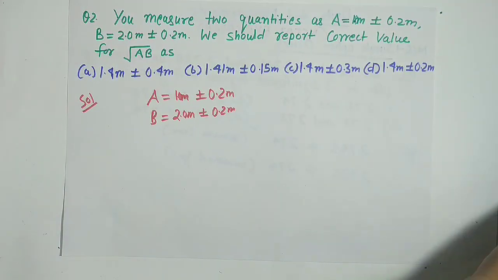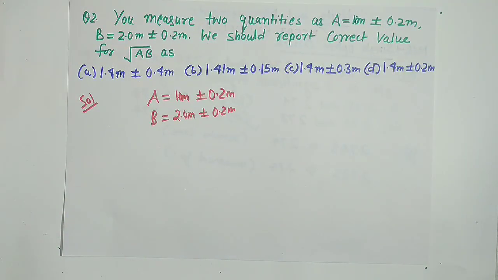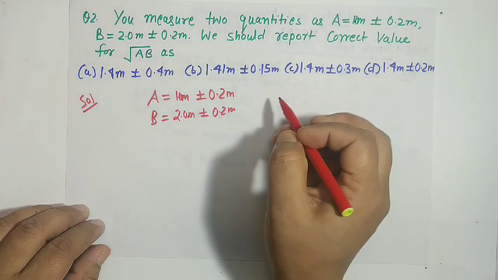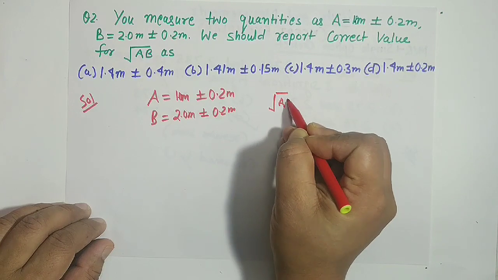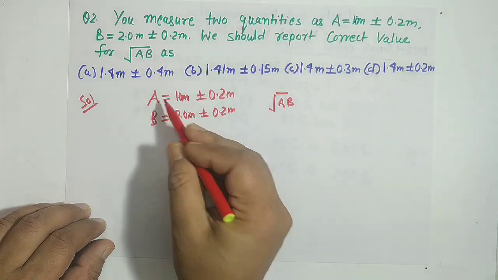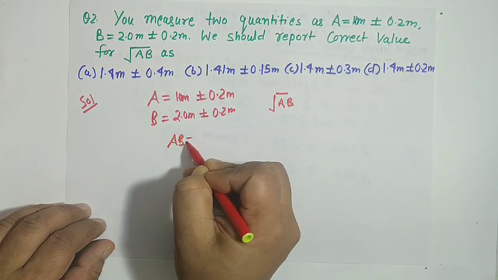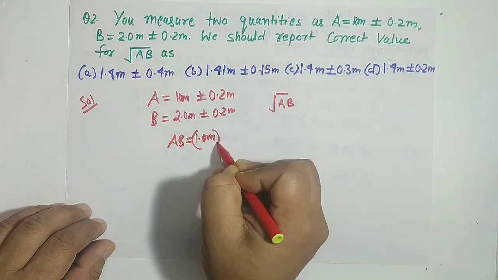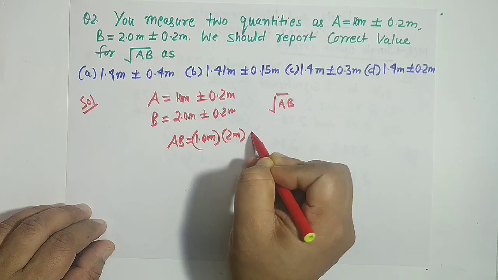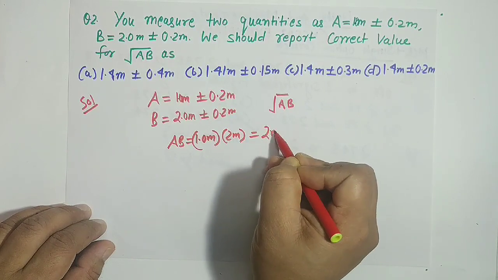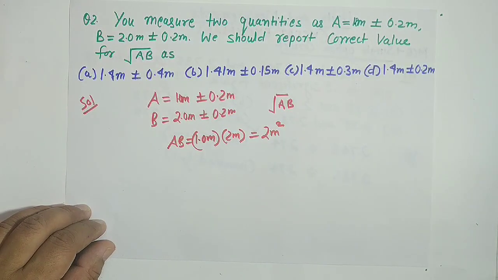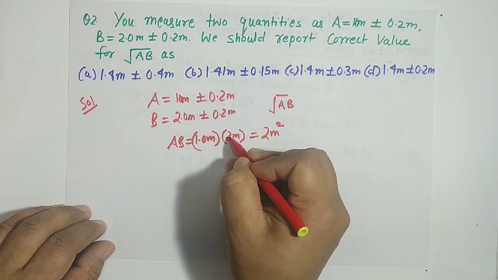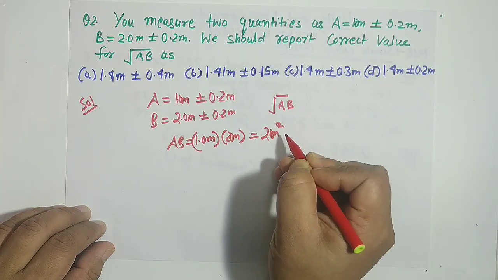Now the first thing which comes to our mind is that we have to calculate root AB. So what is AB? If I multiply 1 into 2, so 1 meter into 2 meter makes 2 meters square. Are you getting it? So it is 2.0 meters square.